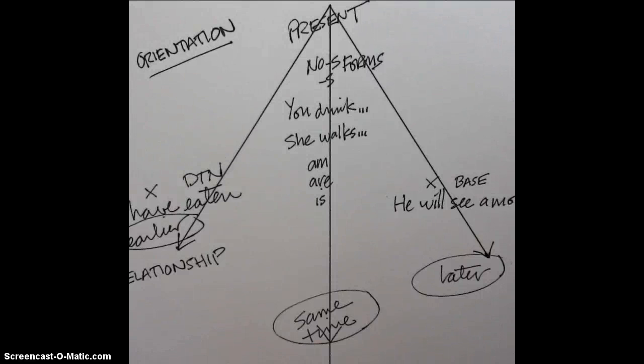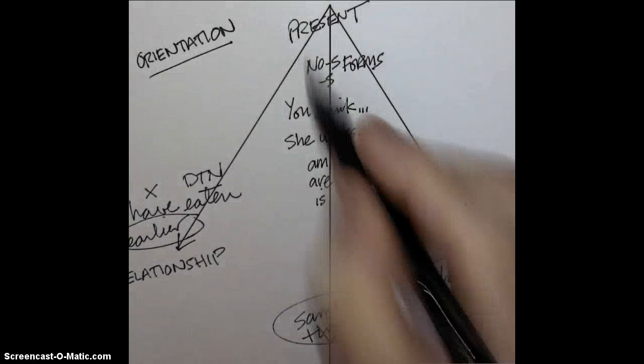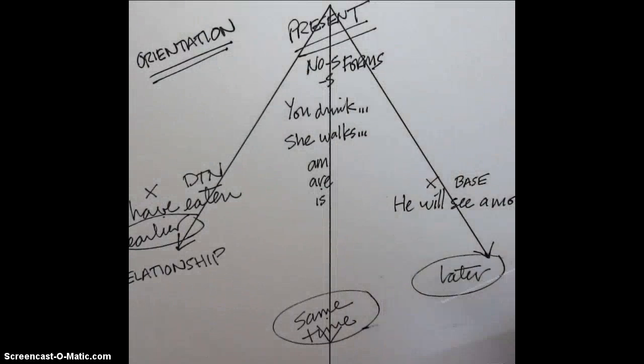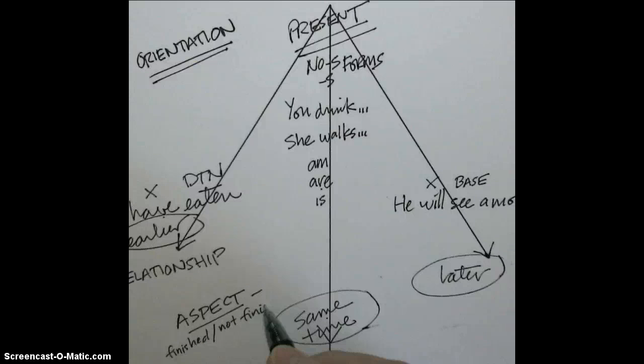Now, there's one more thing that we can still talk about. Let me underline present as an orientation. We can talk about something called aspect. Aspect means the action is either finished or not finished, or we can think about it in terms of the action has length.